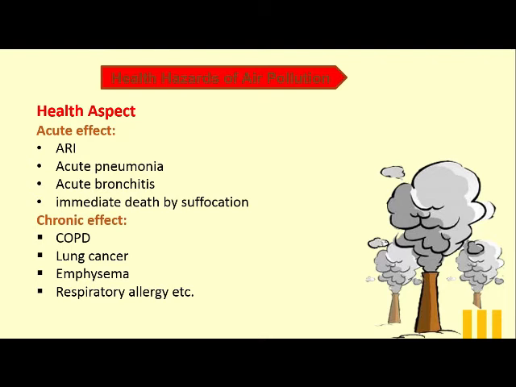The resulting states cause acute bronchitis, acute respiratory irritation, acute pneumonia, and it can even cause immediate death by suffocation. The delayed effects are mostly linked with air pollution as chronic bronchitis, chronic obstructive pulmonary disease, lung cancer, bronchial asthma, emphysema, and respiratory allergies.